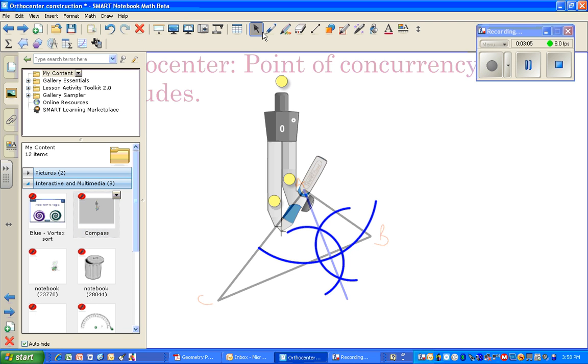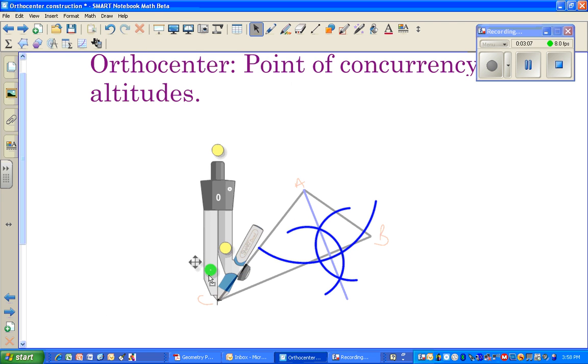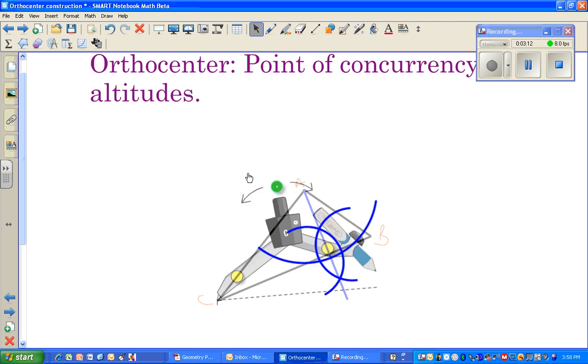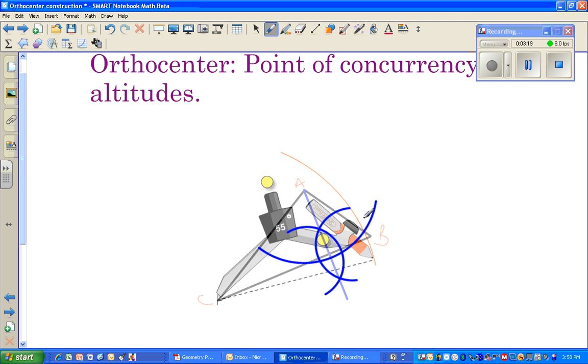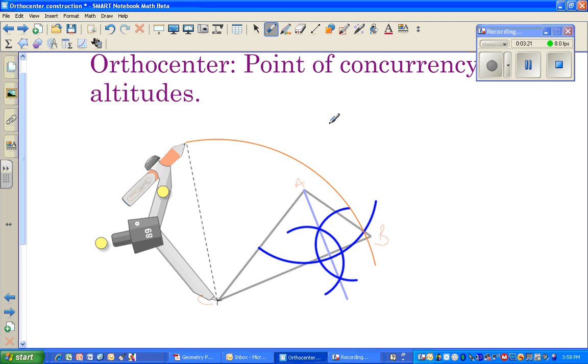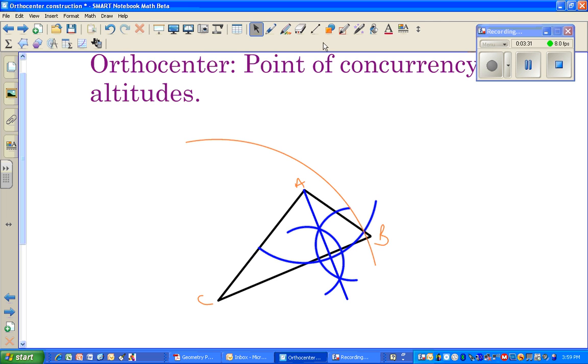Take my compass, pivot on C, heading over toward AB, and to get that to intercept at two points, my smile will intercept at one side but not the other. So I'm going to have to extend one of the sides of the triangle, the side AB, so it does intercept with the other side of the smile. So I'm just going to go ahead and extend that side.